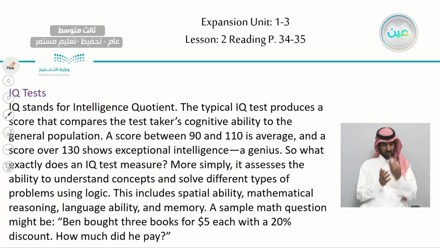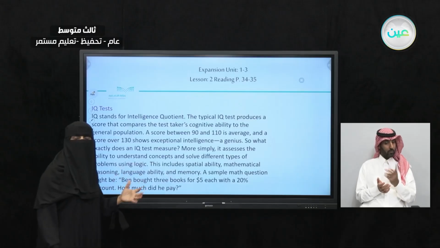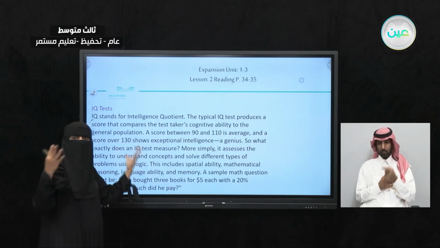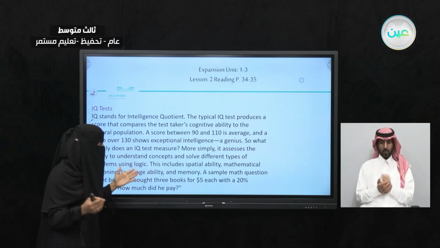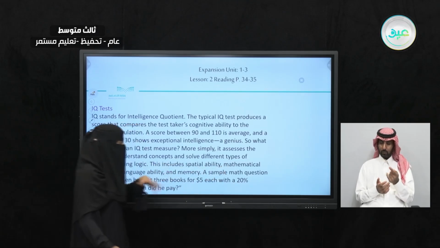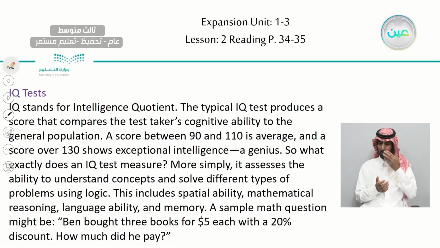Okay. Here they explained the IQ tests. And what do they mean? What do they measure? And they mentioned they ask you questions, general questions. Mostly it's related to spatial ability, mathematical abilities, memory, language, okay?